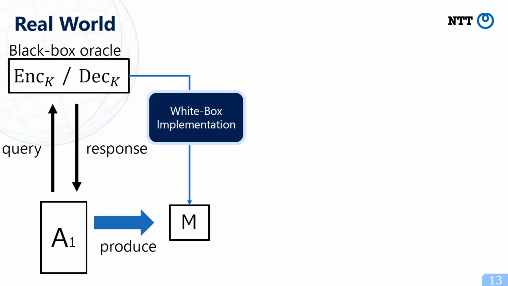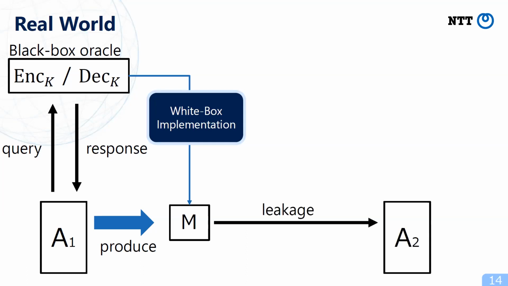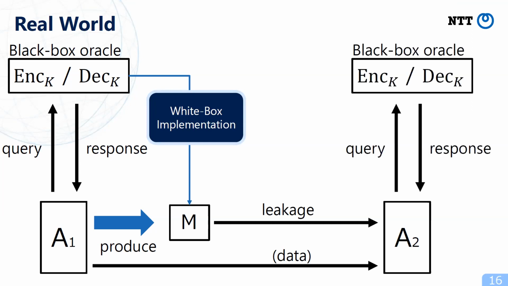And after doing some computation, this malware outputs the leakage to the attacker. And of course, this A1 and this A2 are the same attacker or same adversary in the real world. So we allow A1 to send some data to A2. And we assume that A2 again makes some queries to the black box oracle to gather some information. And finally, it outputs the final bit string. So this is how the real world looks like.